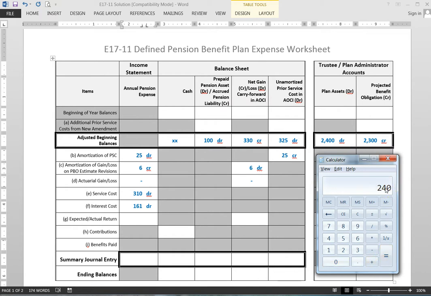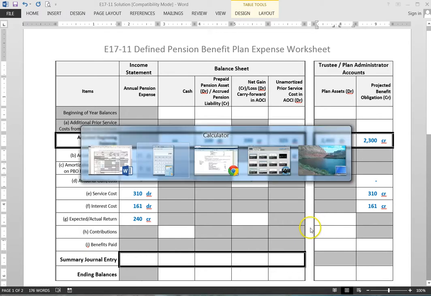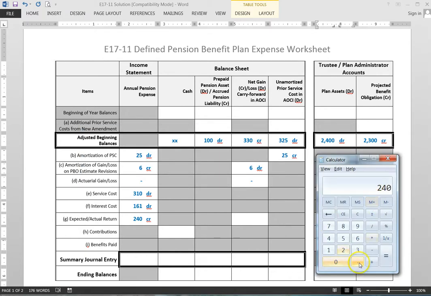And so that's going to be a $240 credit entry to the pension expense account. Plan assets actually achieved a rate of return of 11%. And so we can figure out what plan assets actually increased by. 11% times the 2,400 is 264.